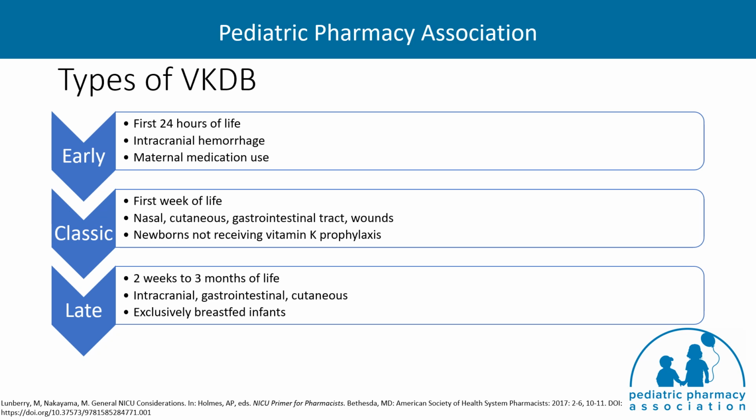And if they're not receiving fortified formula, they're getting a very limited amount from maternal breast milk. Late vitamin K deficiency bleeding occurs between 2 to 3 months of life, may present with intracranial, gastrointestinal, or cutaneous bleeding, and is exclusively seen in our breastfed infants.